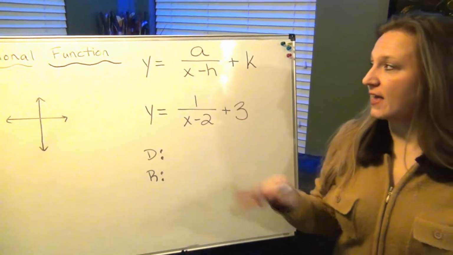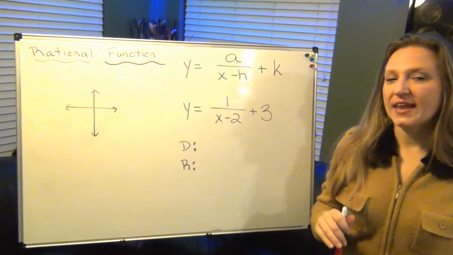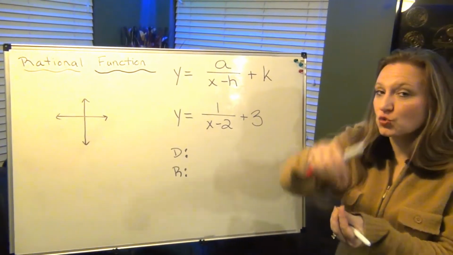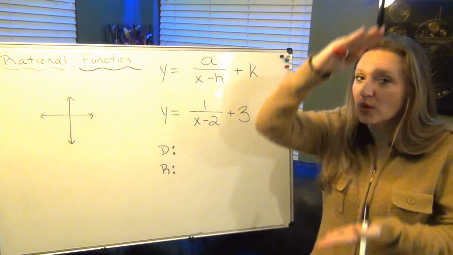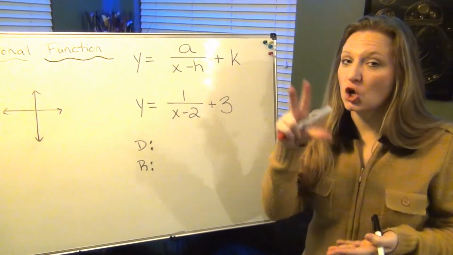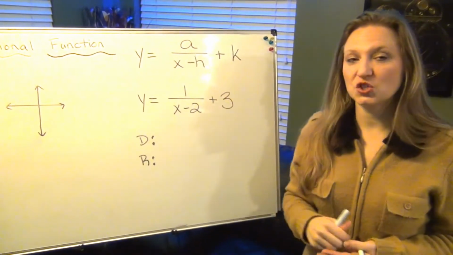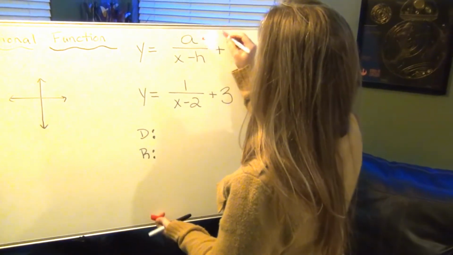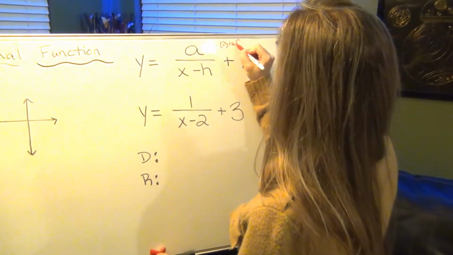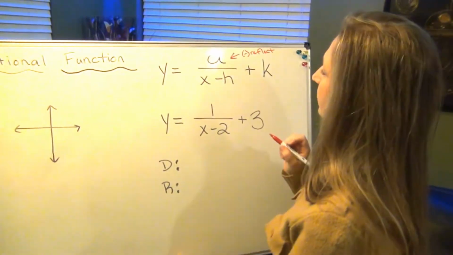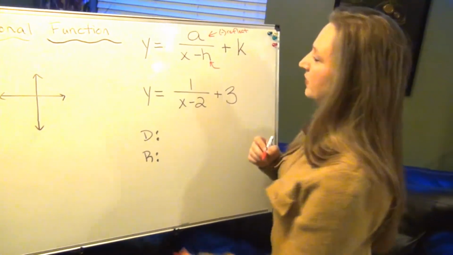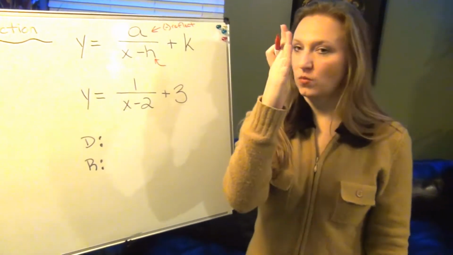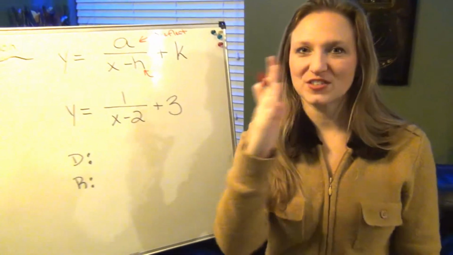If you remember, the a is usually out front, and it is the thing that stretches vertically or compresses vertically, and it can also reflect. That's what it's going to do to our rational functions. So keep in mind when a is negative, it will reflect. The h has always been the number that's going to shift the graph left and right.